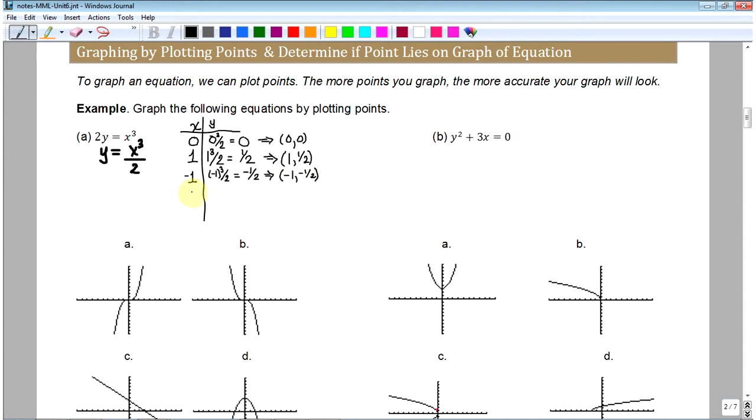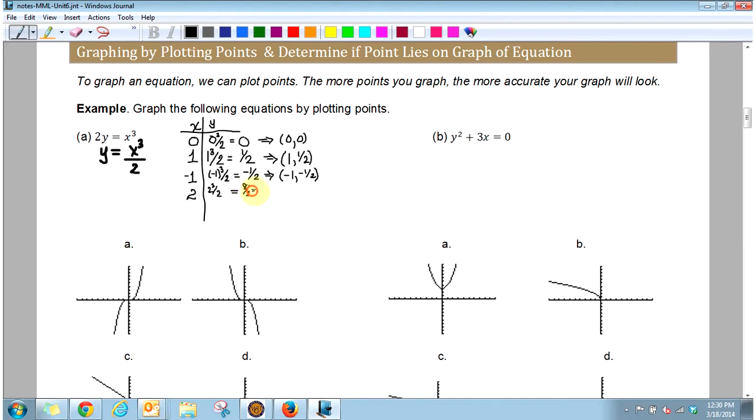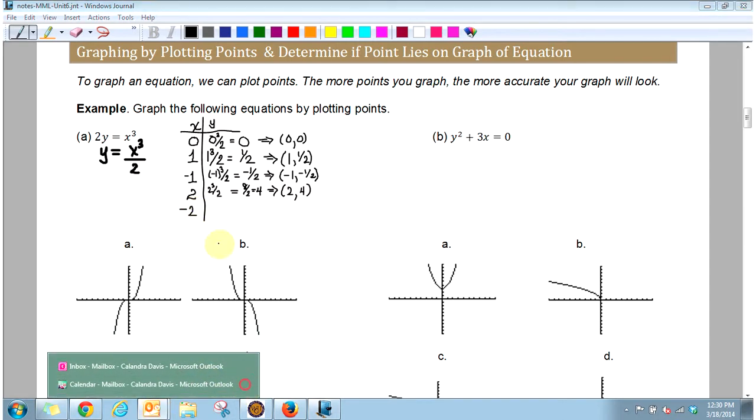Let's do 2 more points. If I use an x value of 2, y will equal 2 cubed divided by 2. So that's 8 over 2, which is equal to 4. So we have the point 2, 4. And then lastly, we can do our value of -2.